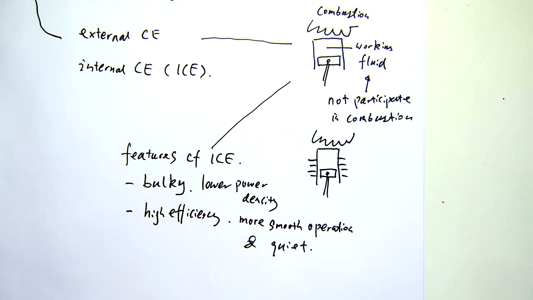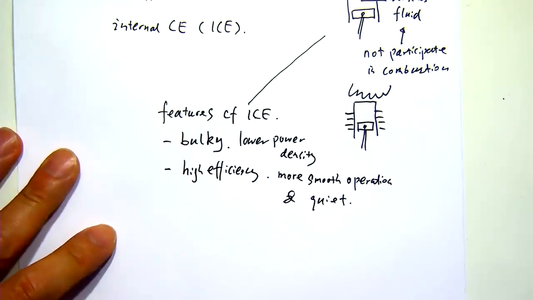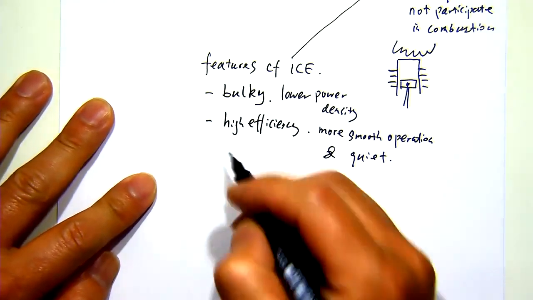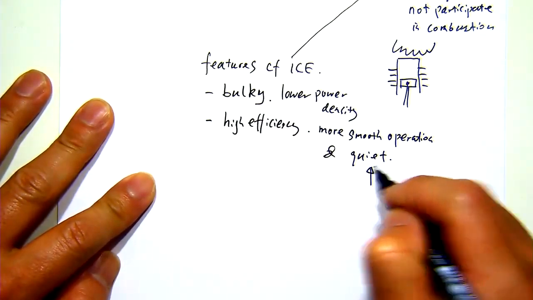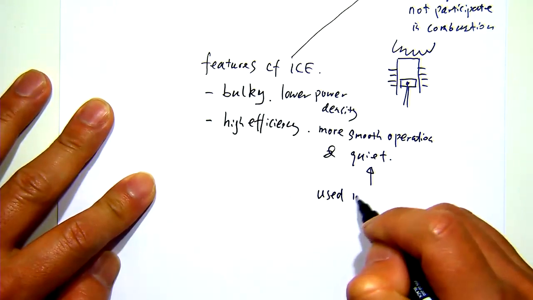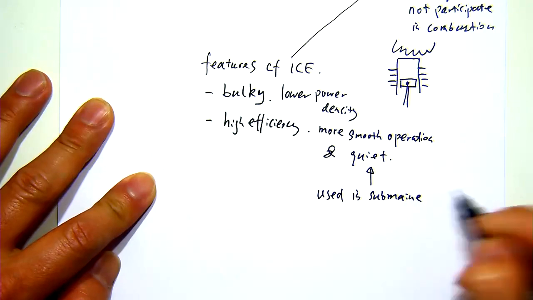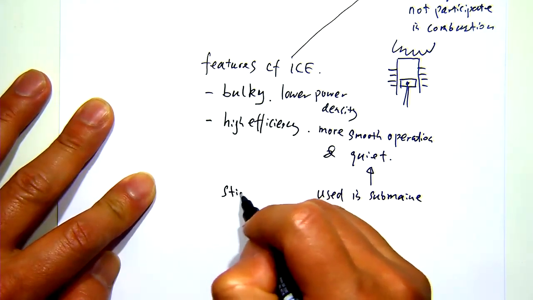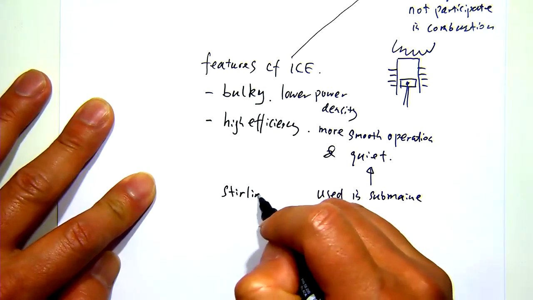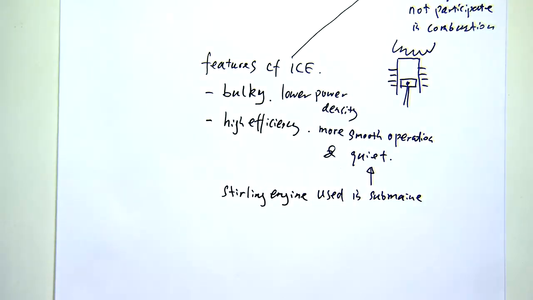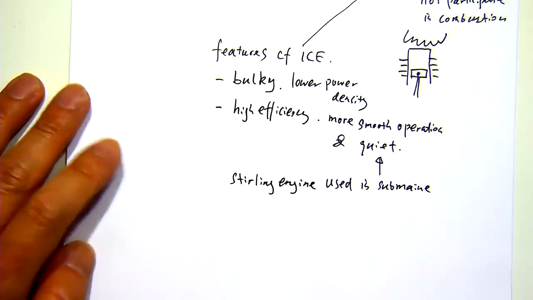All right, so that's the external combustion engine. The Stirling engine is used in submarine applications. So that's the external combustion engine.